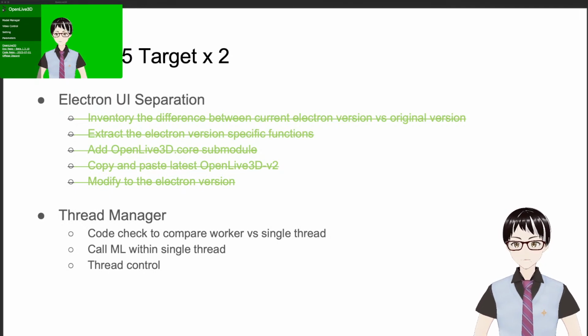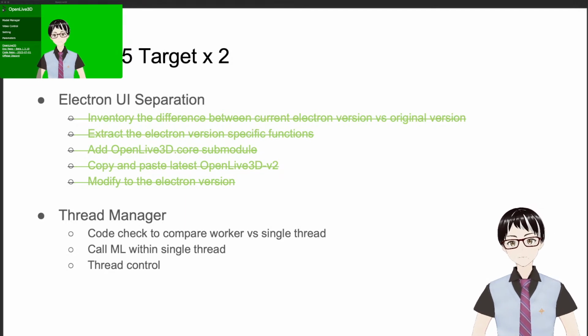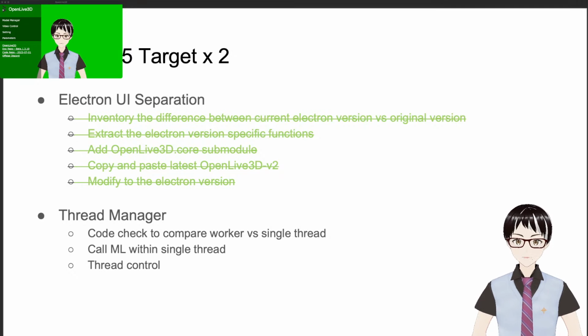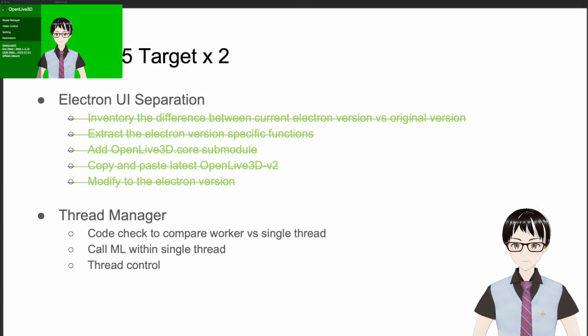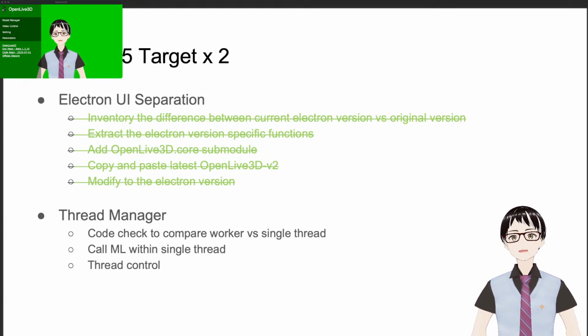Remember that we still have to remove the folders, right? So let's remove the original OpenLive3D.github.io inside the Electron folders, and we can test again with that folder being removed.